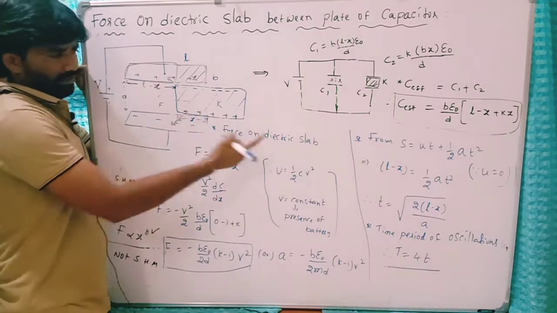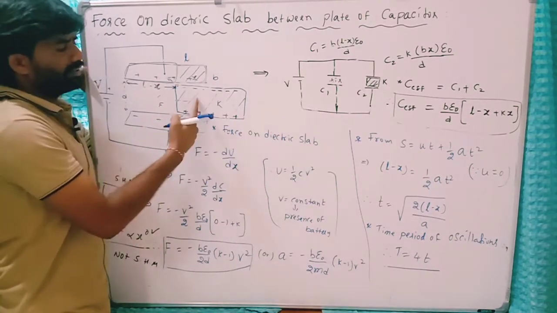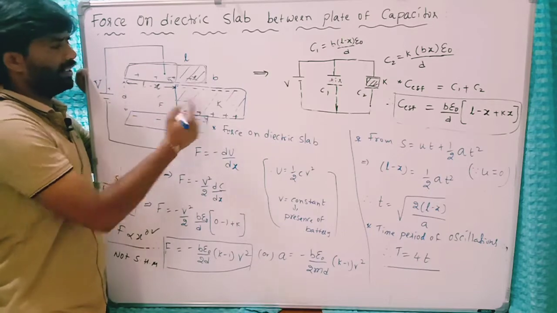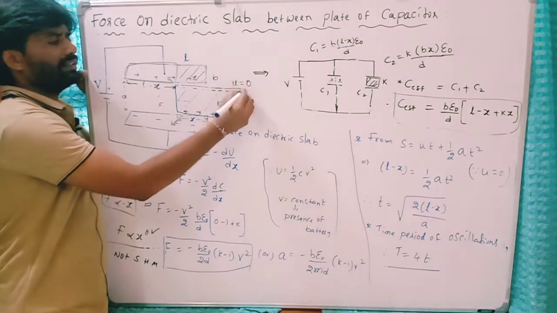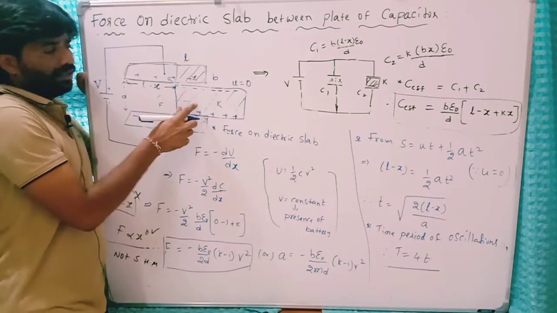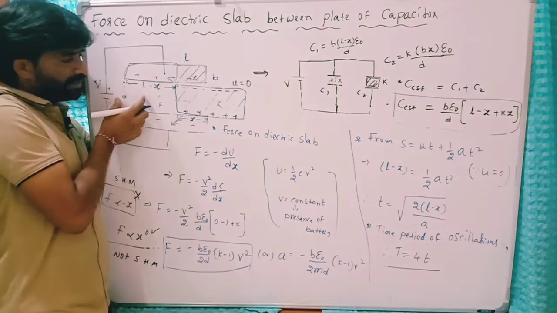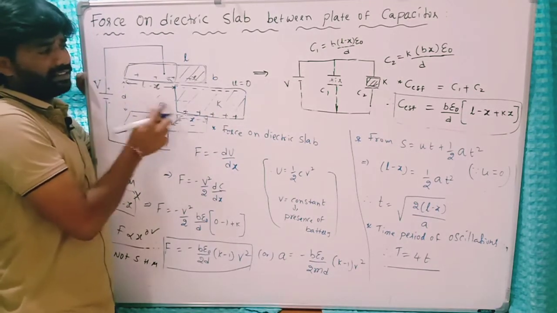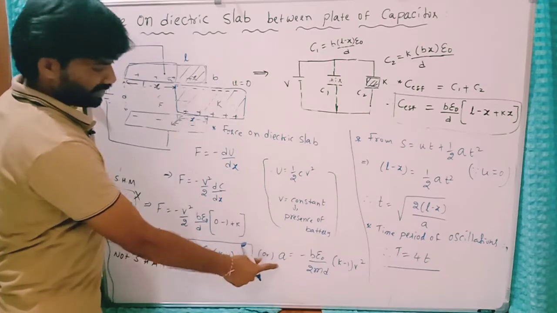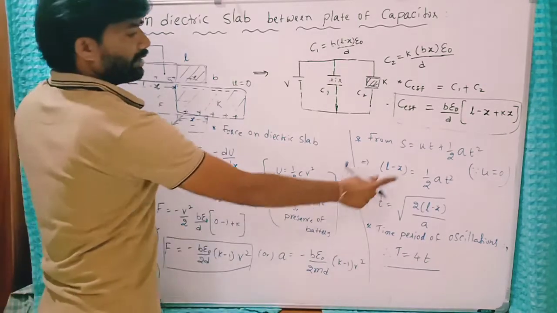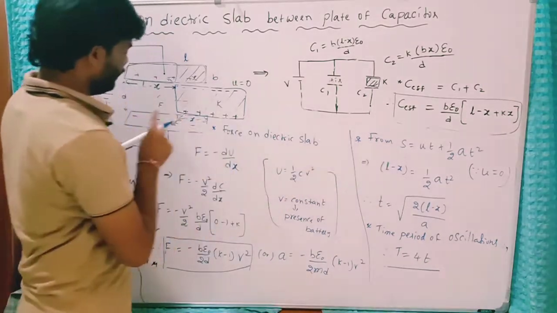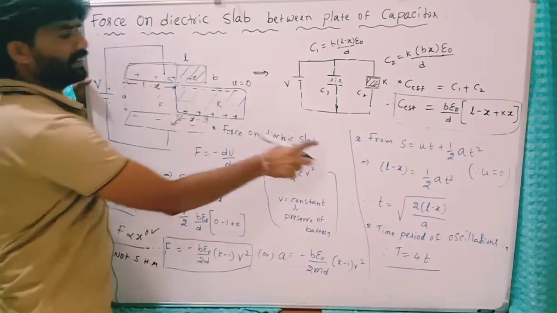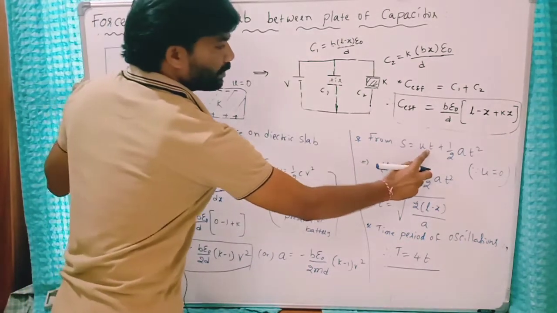Now you can see the time period of oscillations. I have written the equation for the displacement up to here. Generally it starts from rest, u is 0. So the time taken by this material to cover this distance, with this constant acceleration, I have substituted s, meaning this distance L minus x, and u is 0.